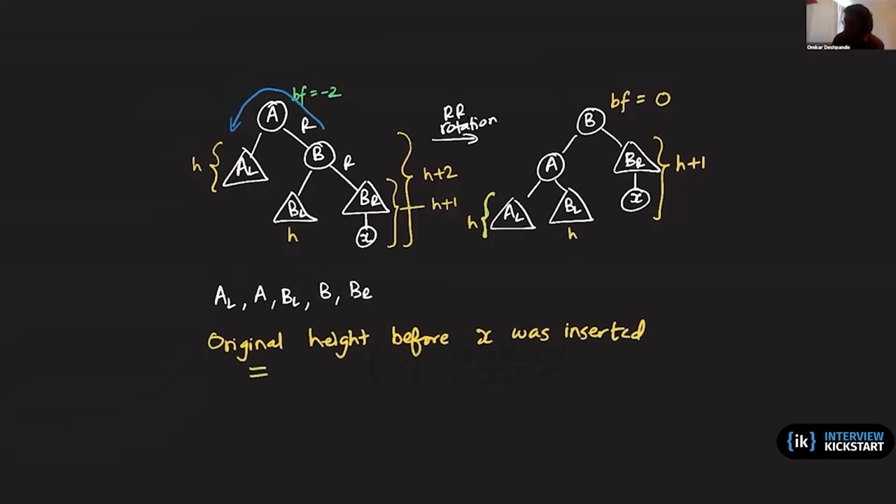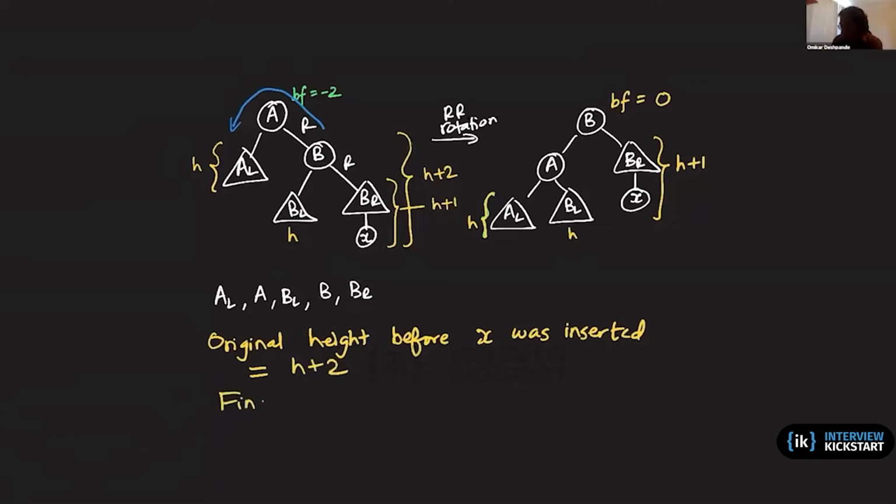You can look at that from this diagram here. This height was H, this was H, this was H, and became H plus 1. So H plus 1 plus 1 must have been H plus 2.